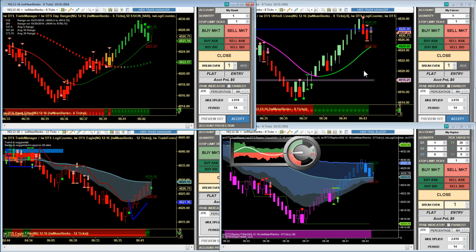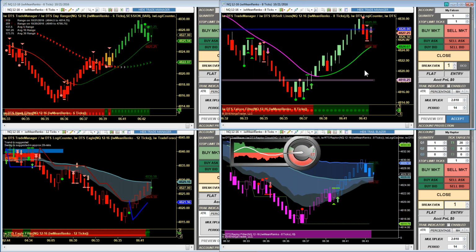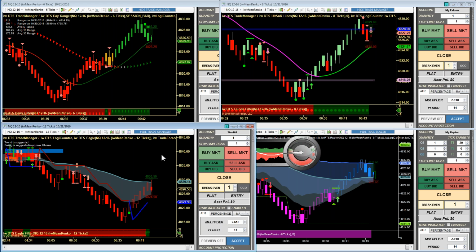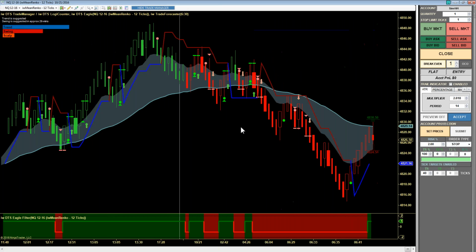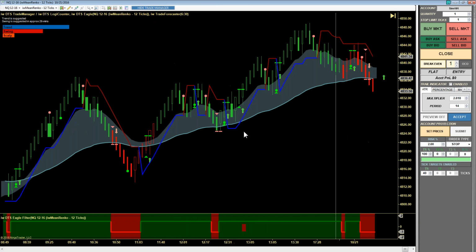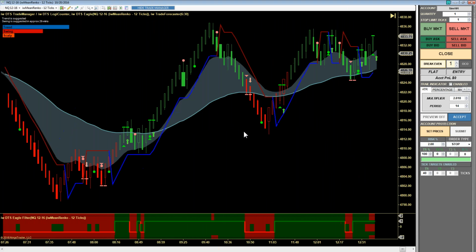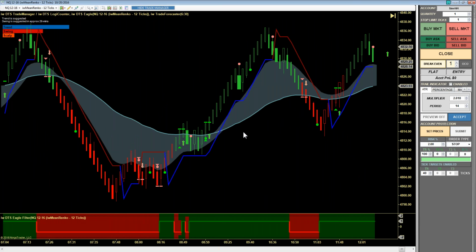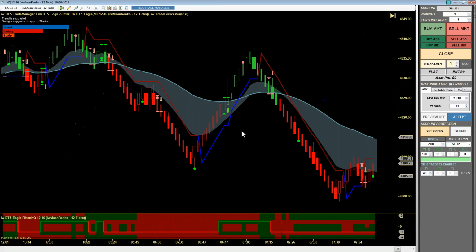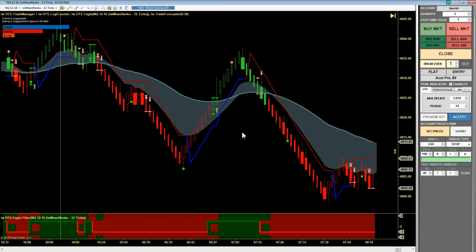Russell's asking, how about the opposite triangle? I think what Russell's referring to is a pennant style formation. Do I have one here? I suppose this one's fairly close.